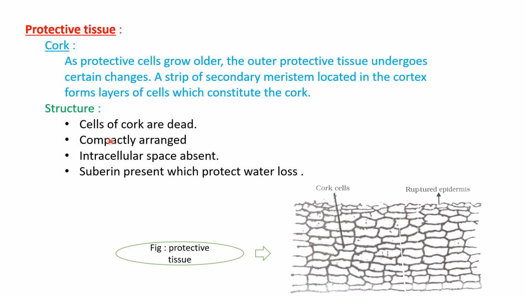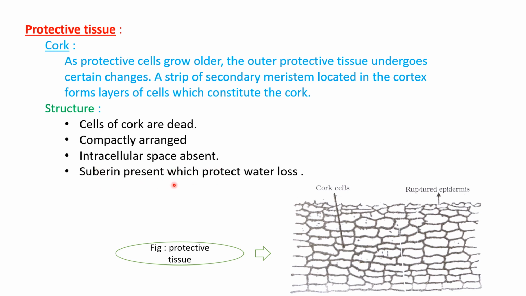Structure, how it looks like. Cells of the cork are dead. As we know, the protective cells are mainly dead cells. So cork is also a protective cell. So here we can see the cells of the cork are dead. Compactly arranged. Compactly arranged means we can't see any intercellular space. So next point you see, intercellular space absent.